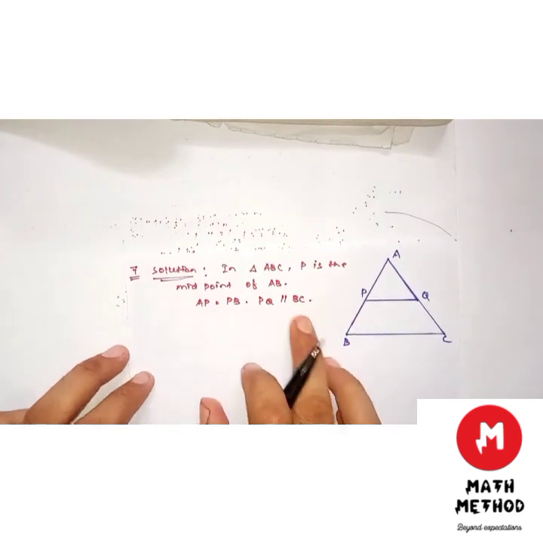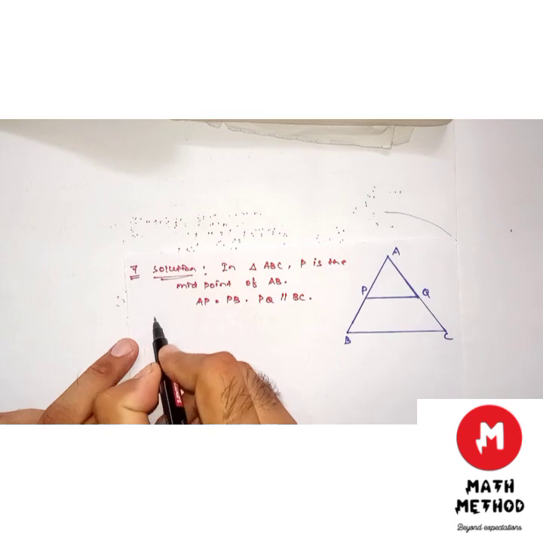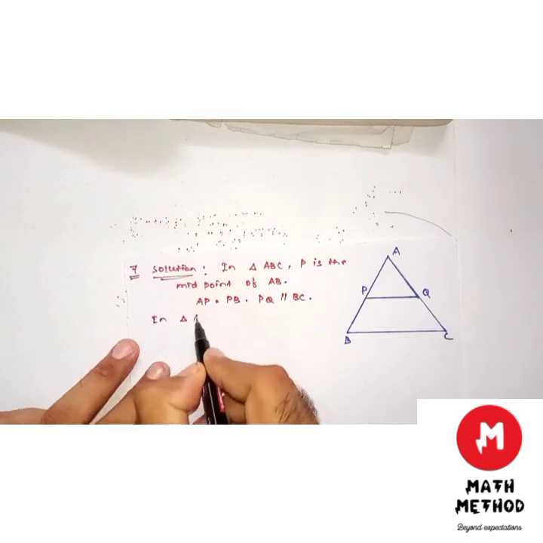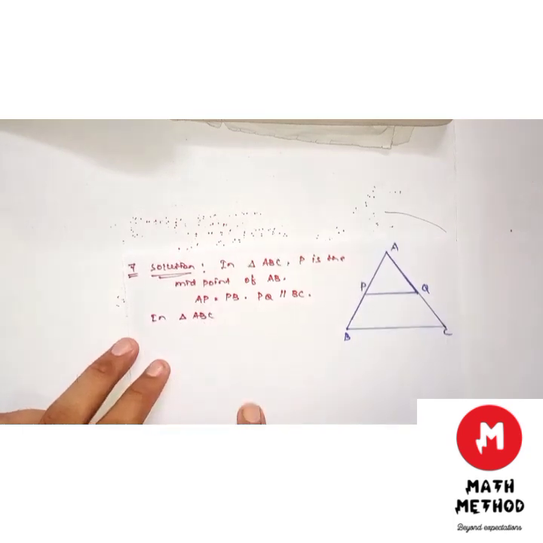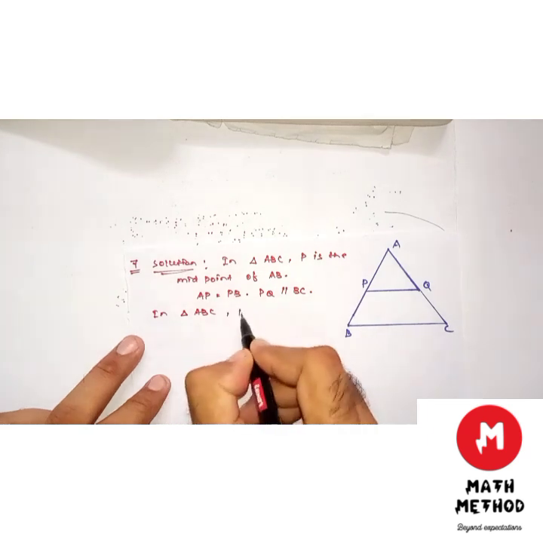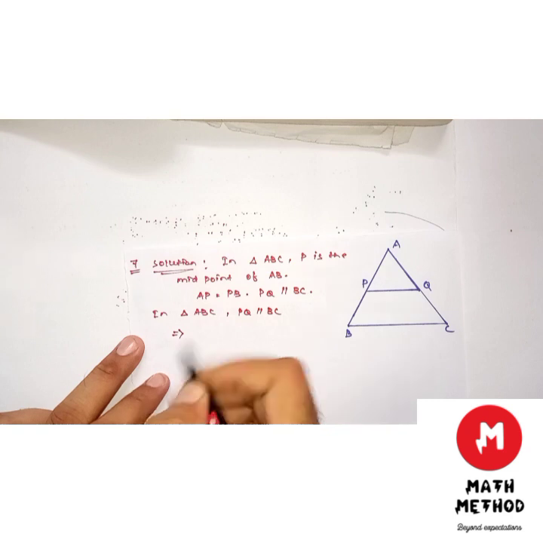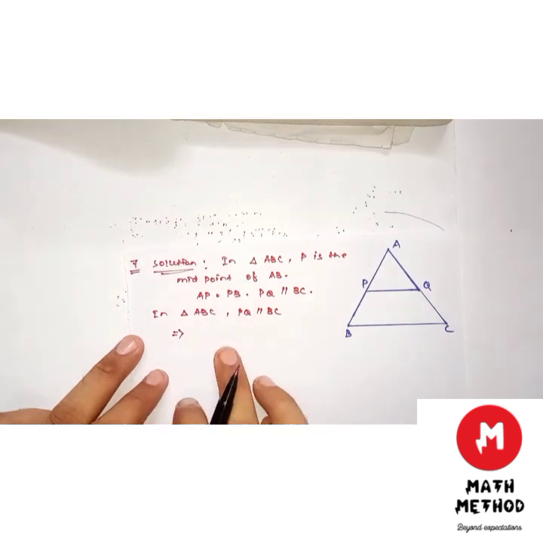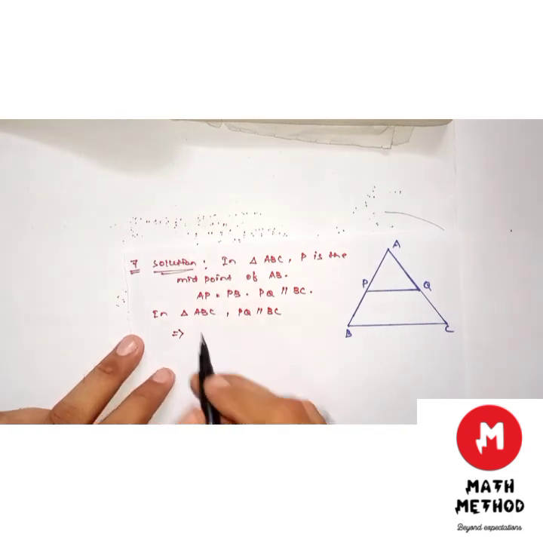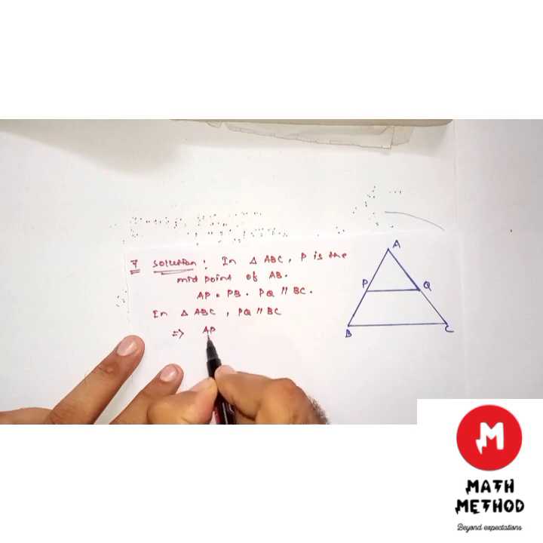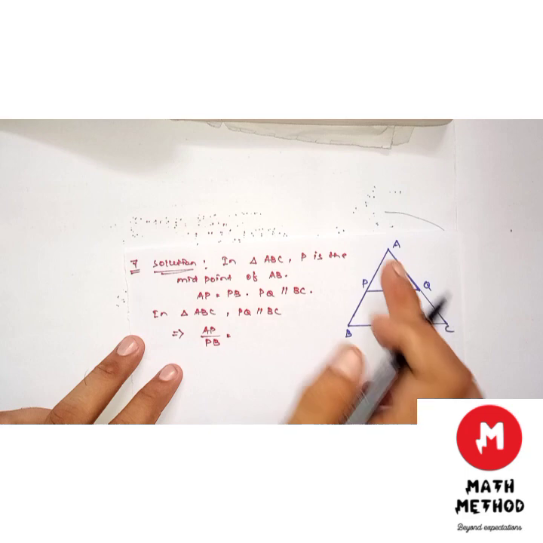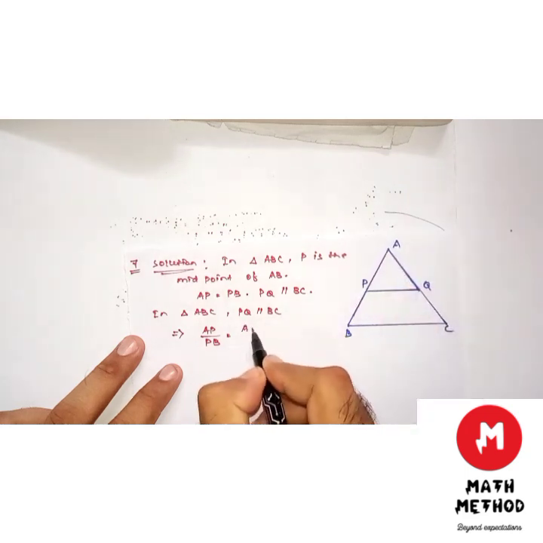Now we have to prove that in triangle ABC, it is given that PQ is parallel with BC, implies according to Thales' theorem or BPT, that is basic proportionality theorem, AP upon PB is equal to AQ upon QC.